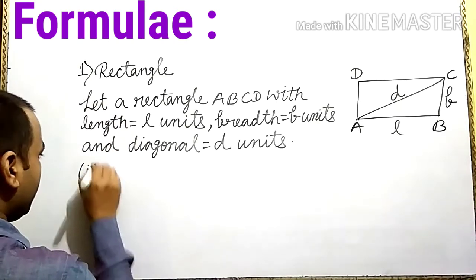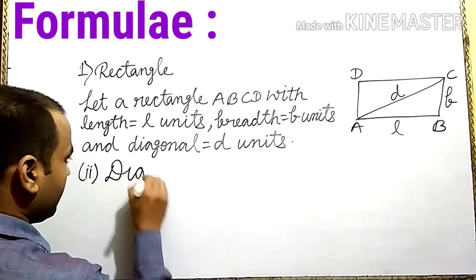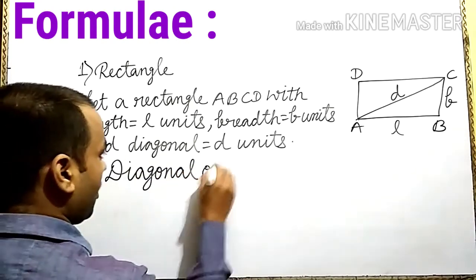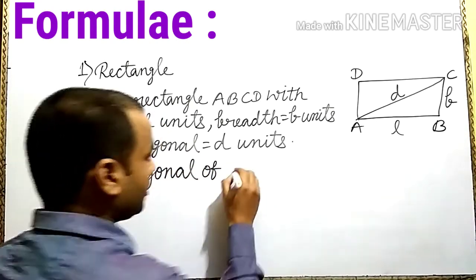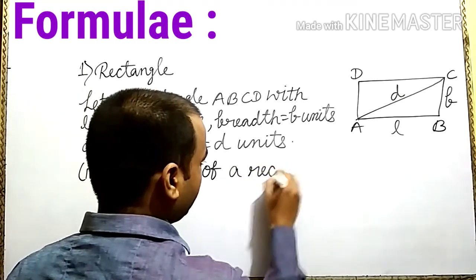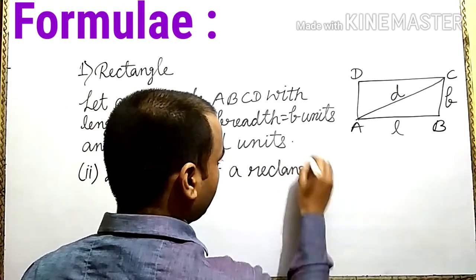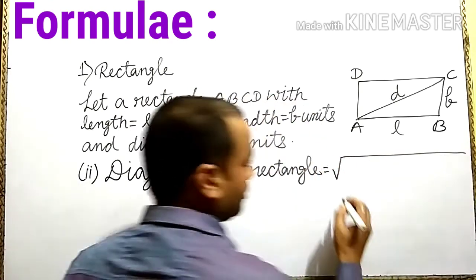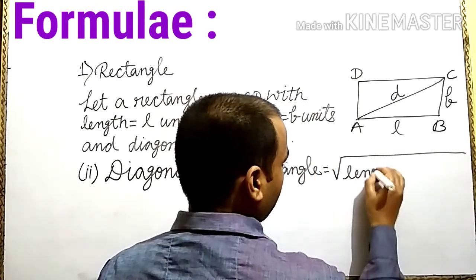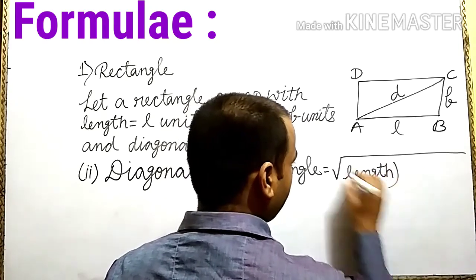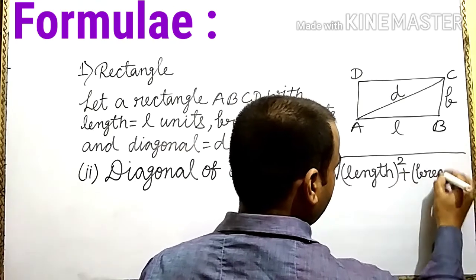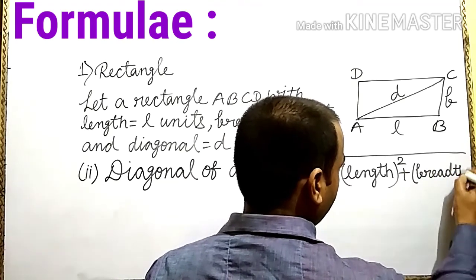Second formula of a rectangle. Diagonal of a rectangle is equal to square root of length squared plus breadth squared.